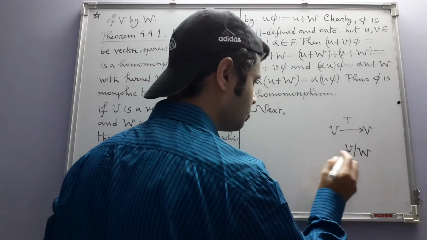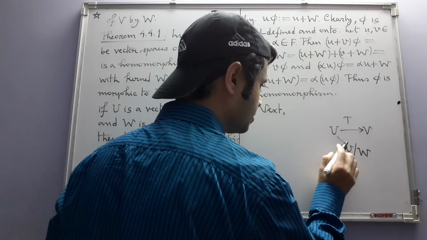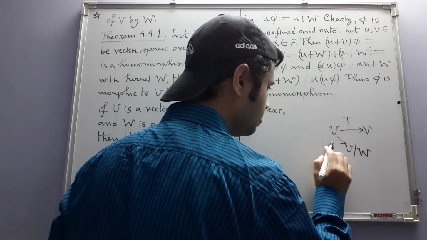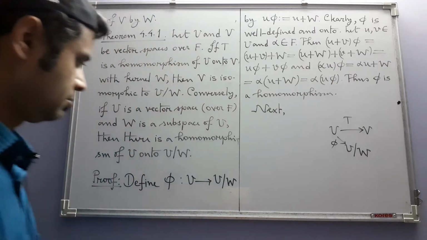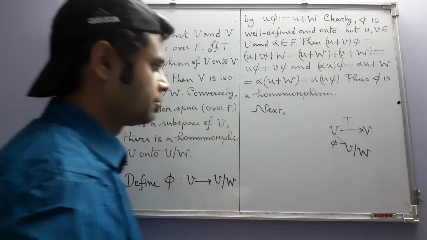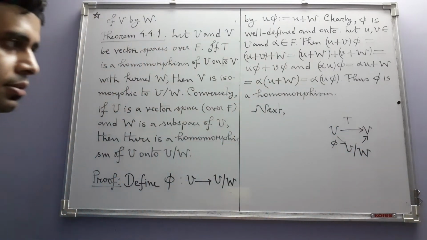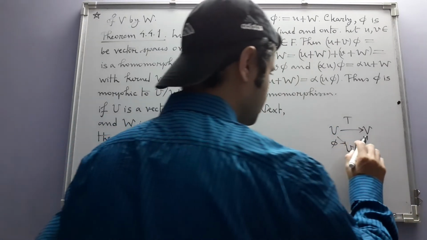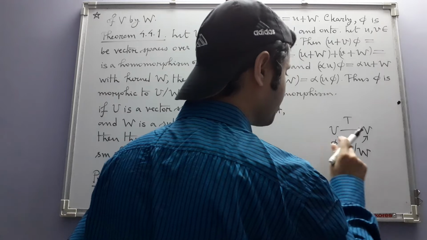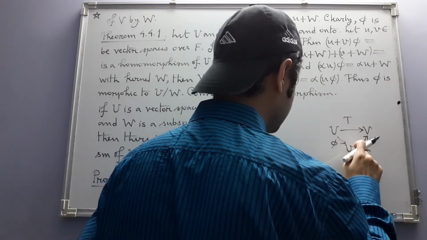But then W becomes a subspace. Now here we have that phi, and we want to define a map like this, or from that side to this side.